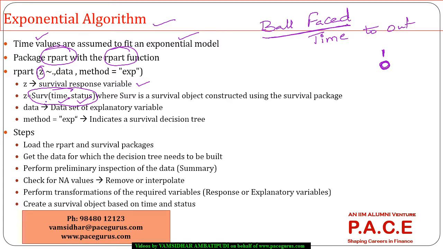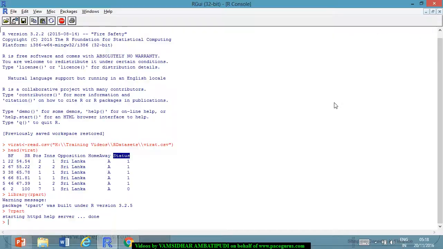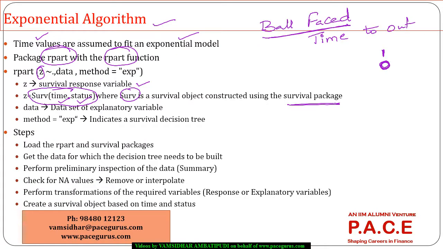So I will create Z as Surv(time, status). The survival object is constructed using the survival package, so I have to load the survival package as well. We have loaded it.